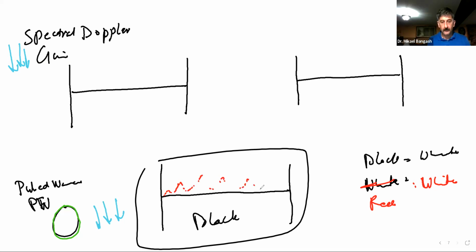You may see some light dots, but you don't see a good solid outline of the graph, which is mainly because of a too low spectral Doppler gain.